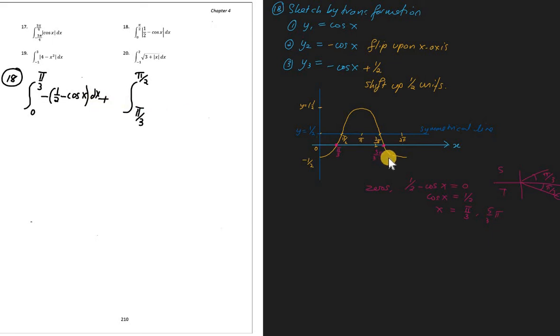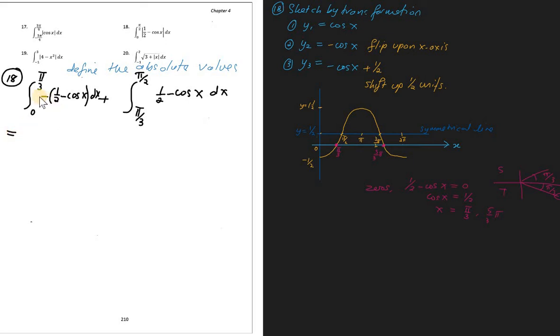Then we continue from pi on 3 to pi on 2, this is positive, so we can just read the function as is. So the definition must be correct. We are defining the absolute symbol. After you have defined the absolute values like this, then only you can integrate term by term.